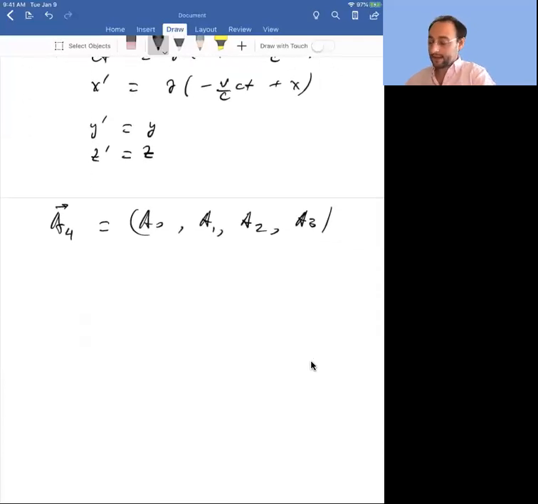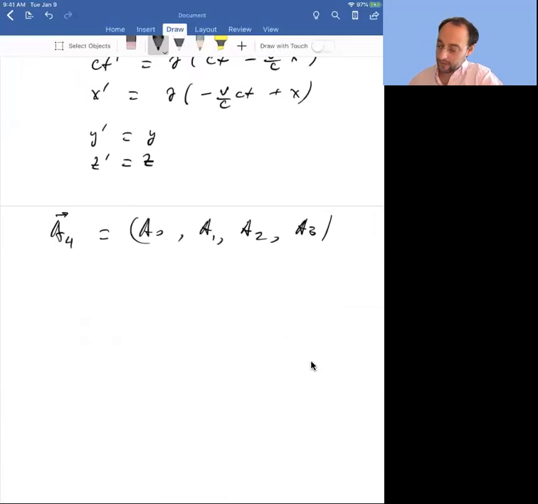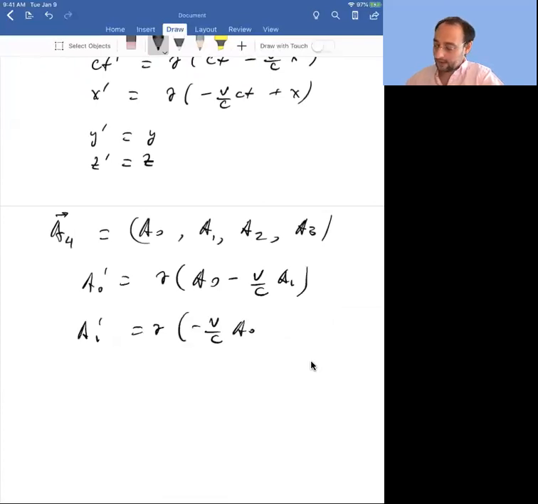As long as you go from A prime to A by this rule, that's a 4 vector. So in this case, A naught prime equals gamma (A naught minus V over C A1), A1 prime equals gamma (minus V over C A naught plus A1), A2 prime equals A2, and A3 prime equals A3.